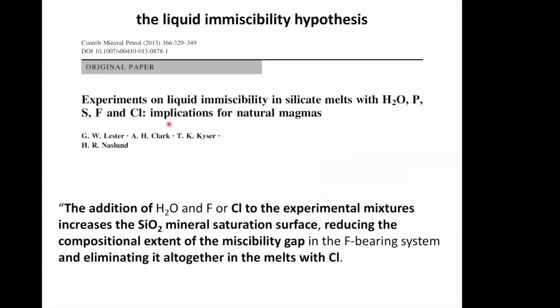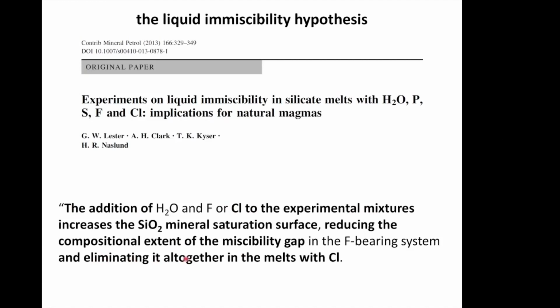We also then looked at additional data from Lester in a separate paper where he experimentally studied liquid immiscibility. And one of the things that Lester concluded is that in the parent silicate magma that is hypothesized to unmix into coexisting iron-rich and silica-rich liquid, if you add chlorine to that parent silicate magma, it eliminates immiscibility.